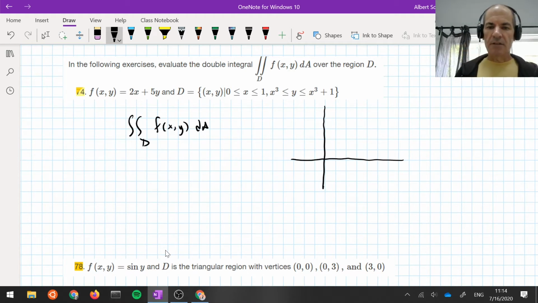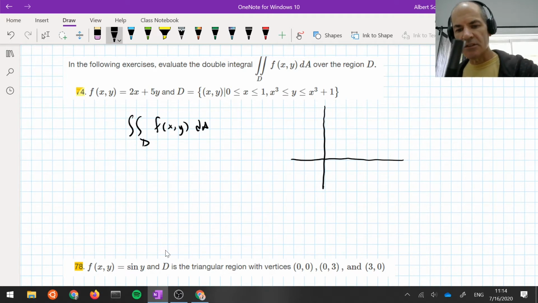So sketching this region, we see that x goes from 0 to 1, and y goes between x cubed and x cubed plus 1. So let's plot x cubed. That looks like this. And x cubed plus 1, I'm just going to shift this whole thing up.